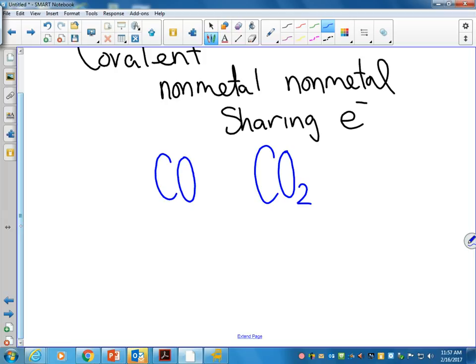Okay? So same thing when you're doing Lewis dot diagrams of these compounds, you draw the Lewis dot diagram of the atom first. Okay? But here, carbon dioxide, because that's the one we're drawing, it tells us how many molecules of each. It says one carbon, two oxygens, carbon dioxide.